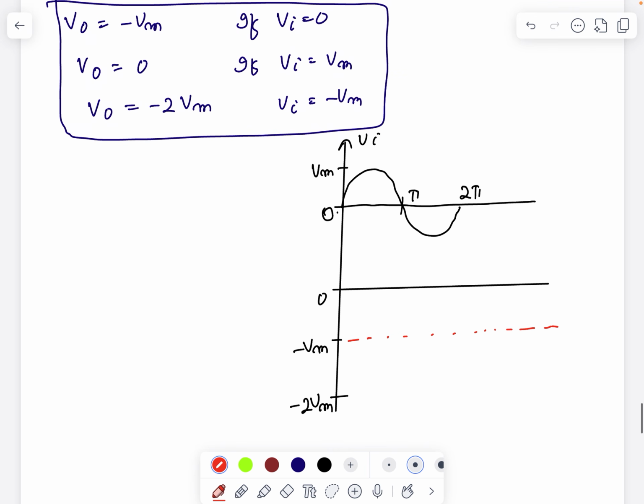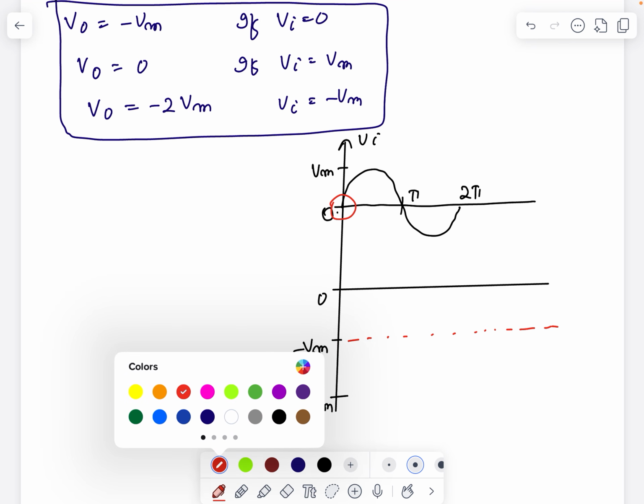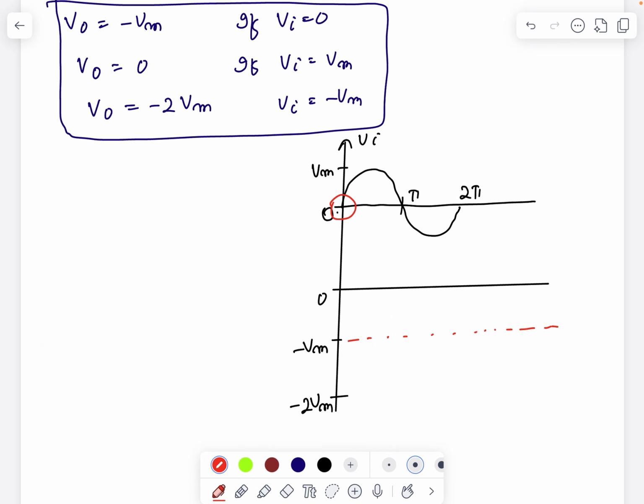Now you can see from this relationship, when VI equal to 0, V0 equal to minus Vm. That means your waveform starts from minus Vm. When VI equal to Vm at this place, V0 equal to 0, so I get a waveform like this.